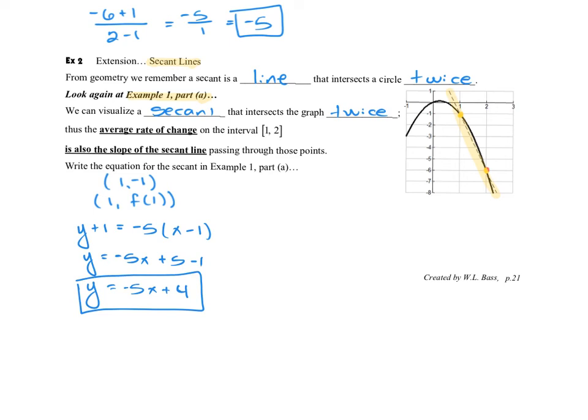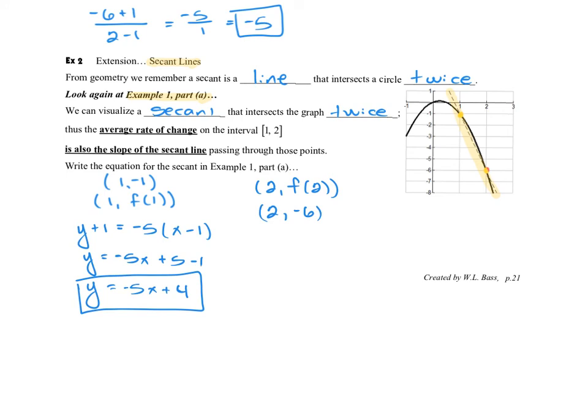I can use the other ordered pair if I would prefer, so I could use the point from up above, 2 and f of 2, if I wanted to start with that notation this time, or I could translate it to its normal looking ordered pair, (2, -6).